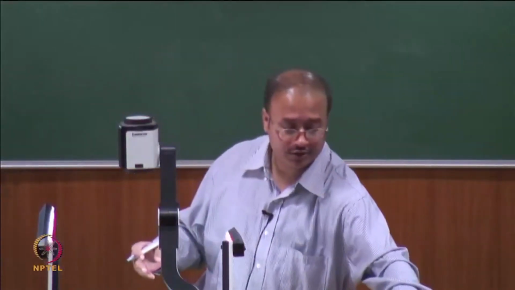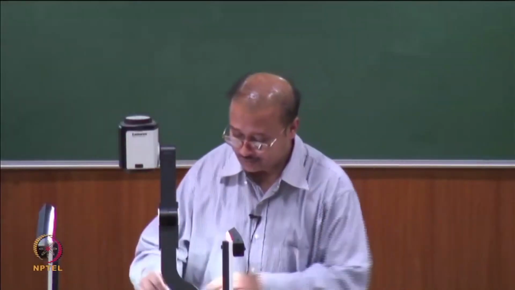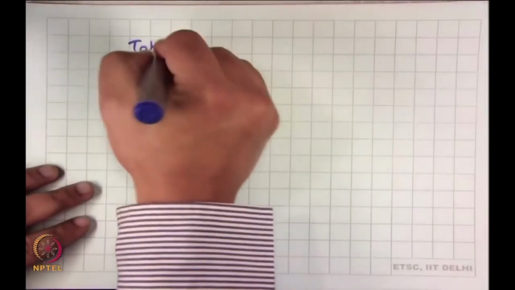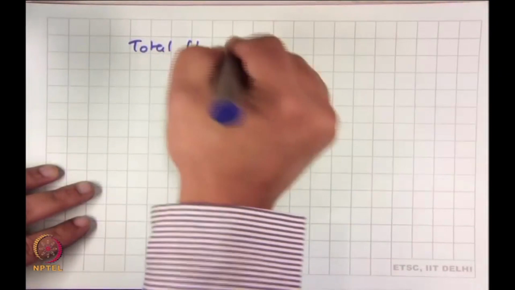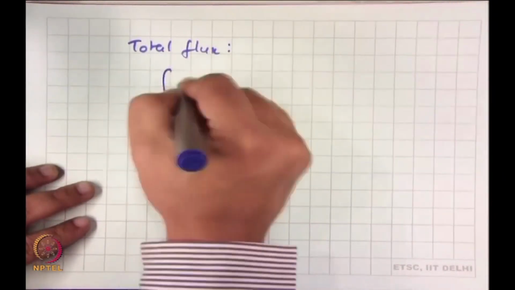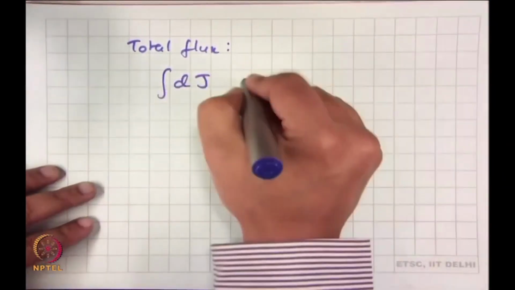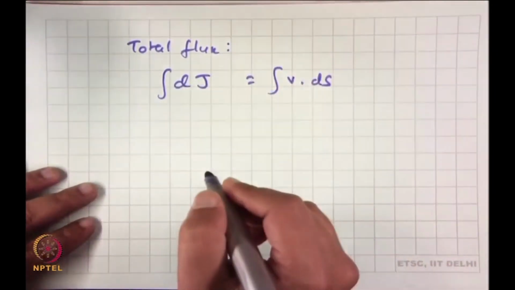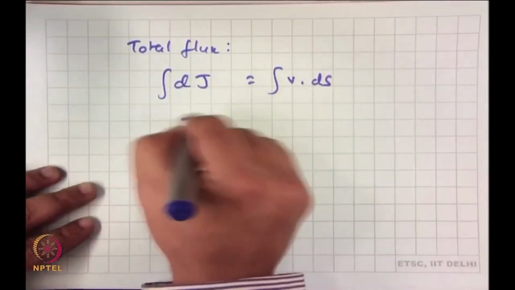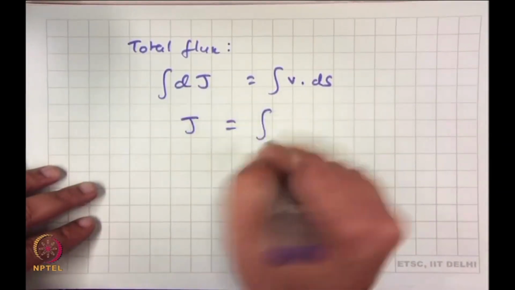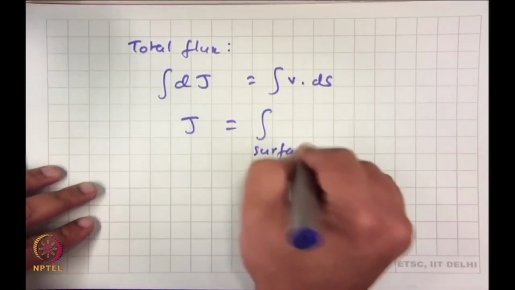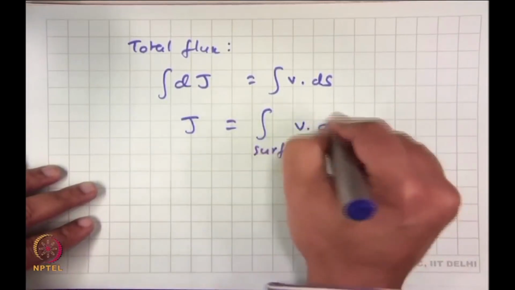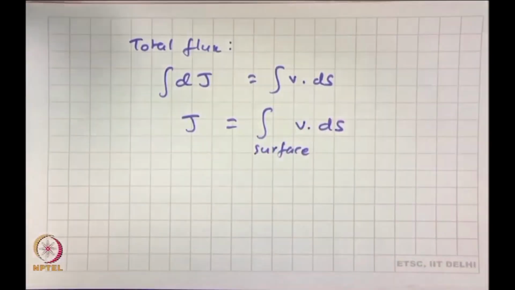So, to get the total flux, we integrate. So, the total flux would then be the integral of dj, V dot ds, or j is equal to the integral of V dot ds.